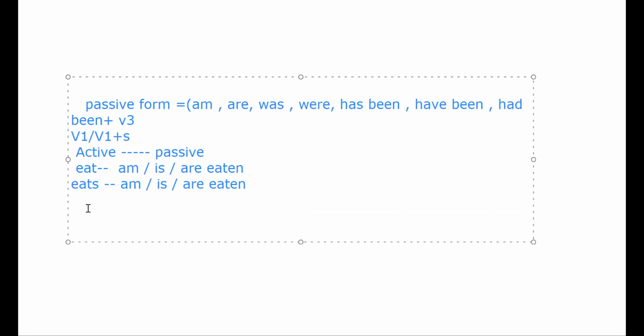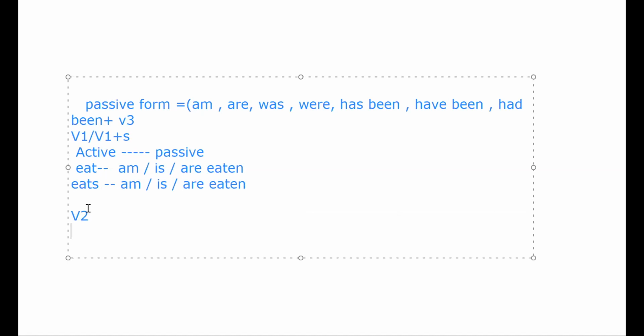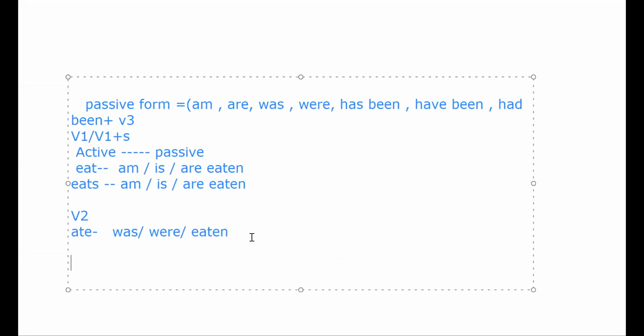Okay. Then V2. How do I change V2? ATE. Past form. Okay. Was, were, because the B form changes. EATEN. This won't change. He ate apples. Apples were eaten. Okay. Then this is present form. This is past form. Now let me give you future form.